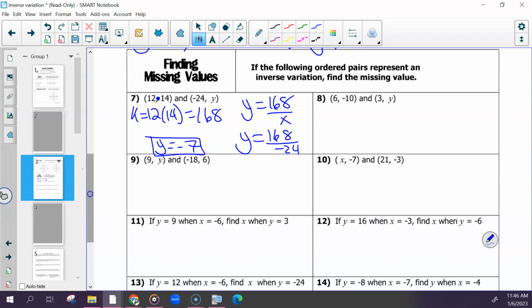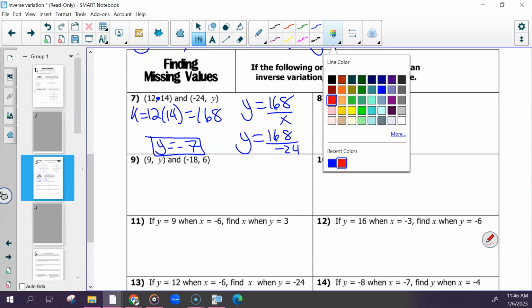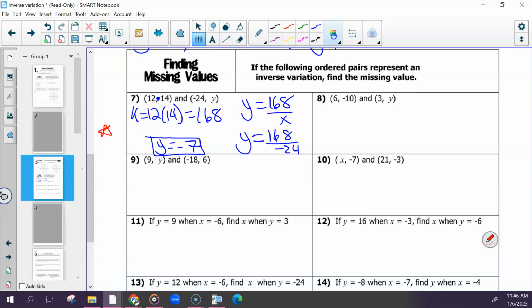So I should say similar, not the exact same. Okay, this is good. Questions on that one before we move on?